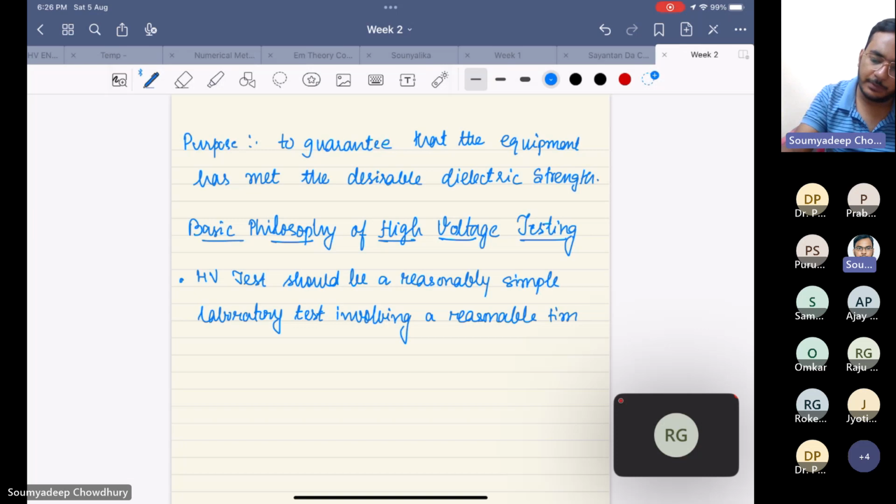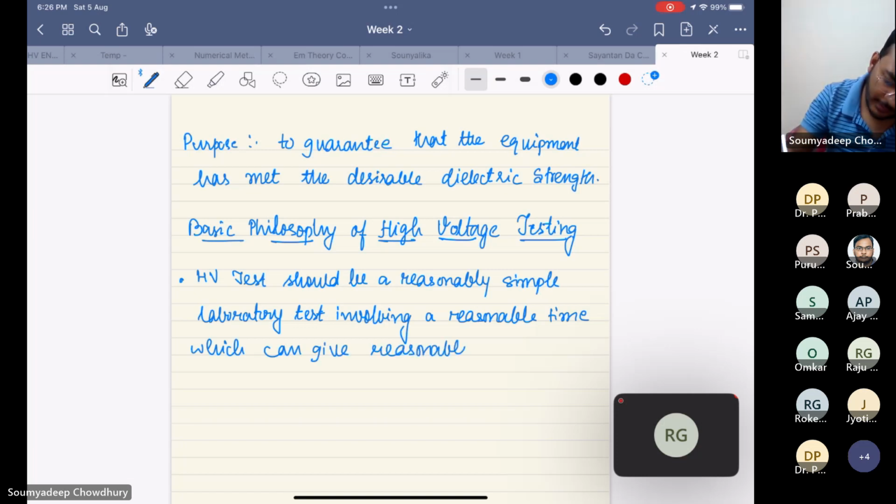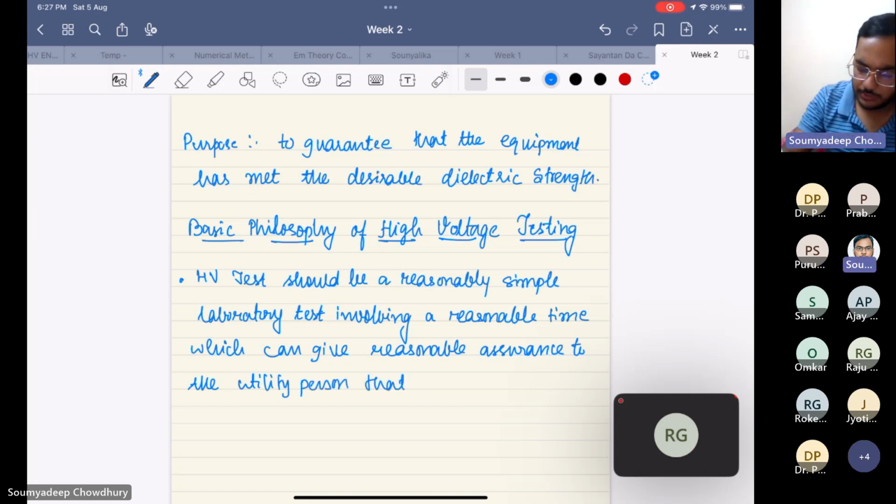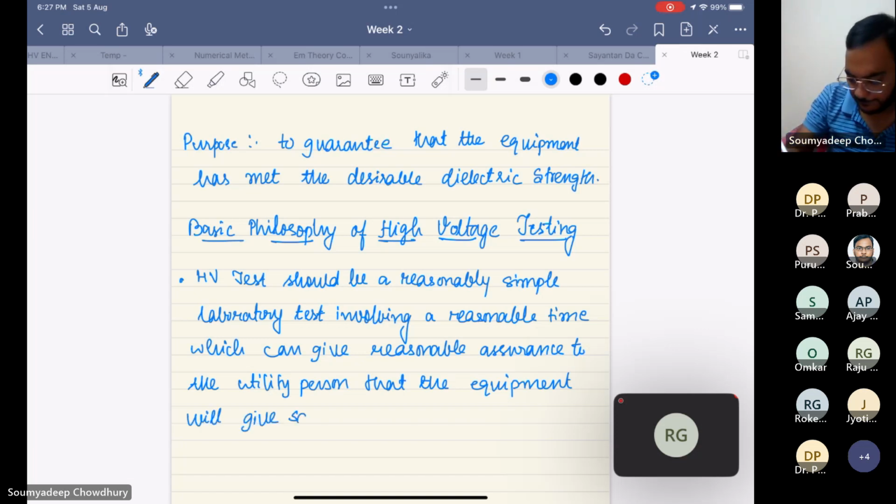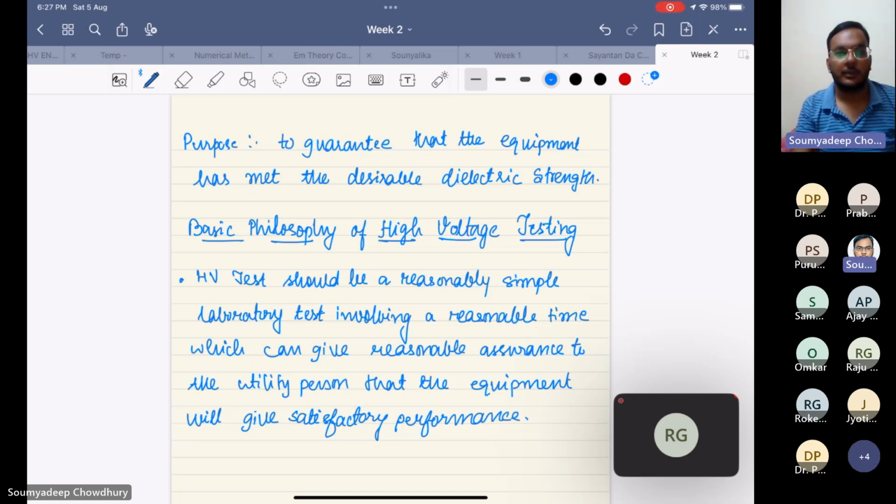It should be completed within a stipulated amount of time, which can give reasonable assurance to the utility person that the equipment will give satisfactory performance. So whatever I have explained till now, I have written it down.